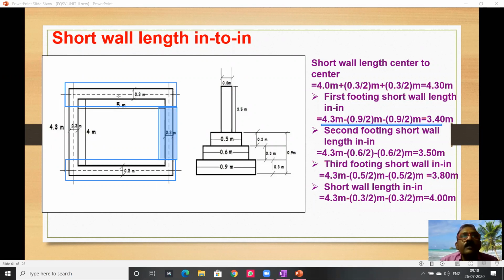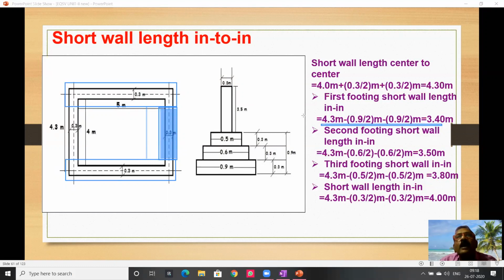Already this foundation, first footing done. So if you take from up to here, what will happen? It will overlap. To avoid this, what we are doing? We are doing only up to here to here, right? Here to here we are calculating. So this is the area of foundation we have to calculate.